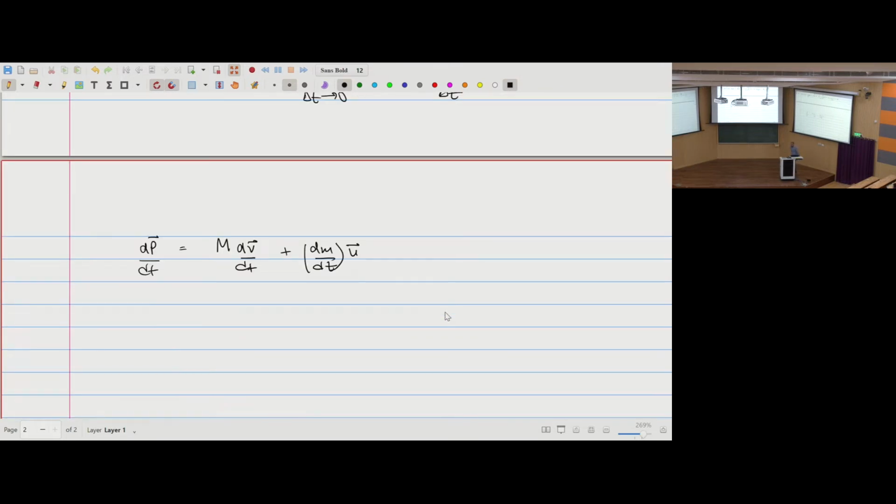So this is the time rate change of linear momentum. Is that clear?